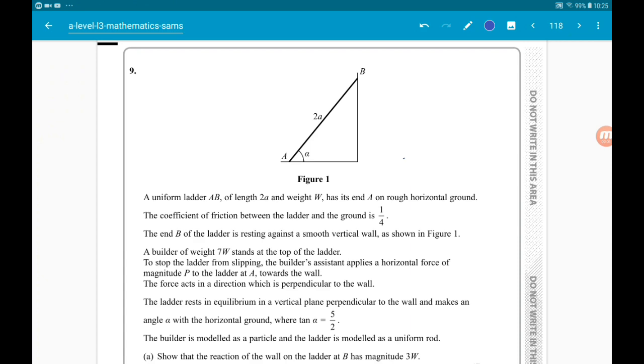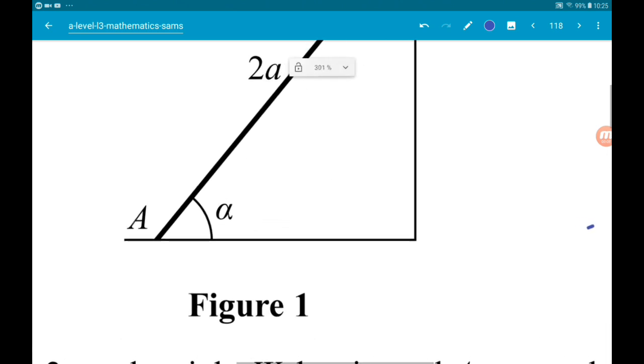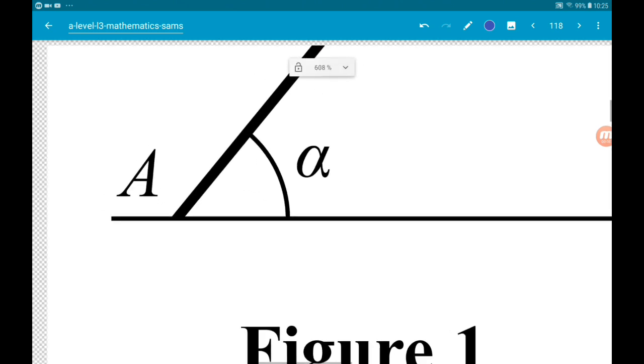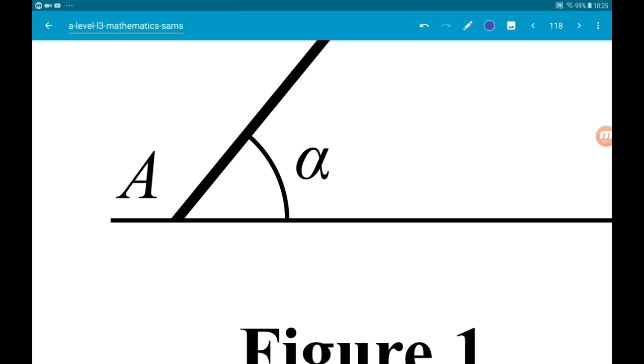Okay then, so let's put what we know on the diagram. So we know at A, the assistant applies a force P and that acts to the right. We also know down here there is going to be friction. We don't at the moment though know which way friction is acting.